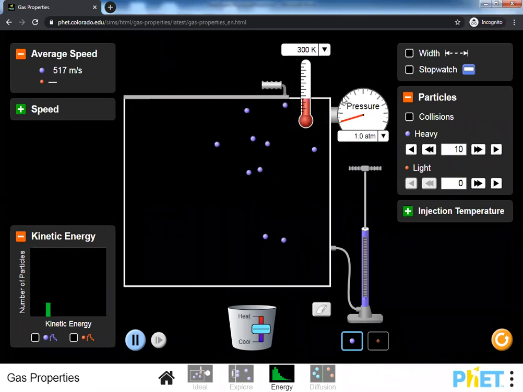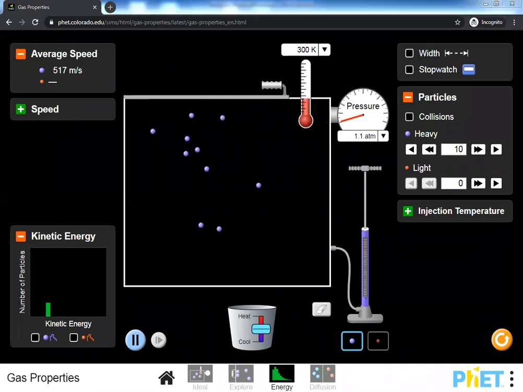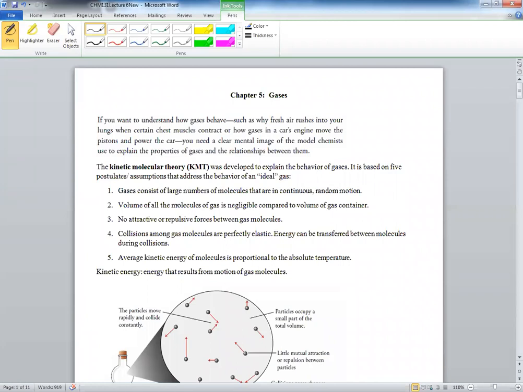Now, since we're here, we're also going to talk about the next and final topic, which is real gases. Real gases deviate from ideal gases. So ideal gases assume, if we go back right here, that the volumes of all molecules of gas are negligible.